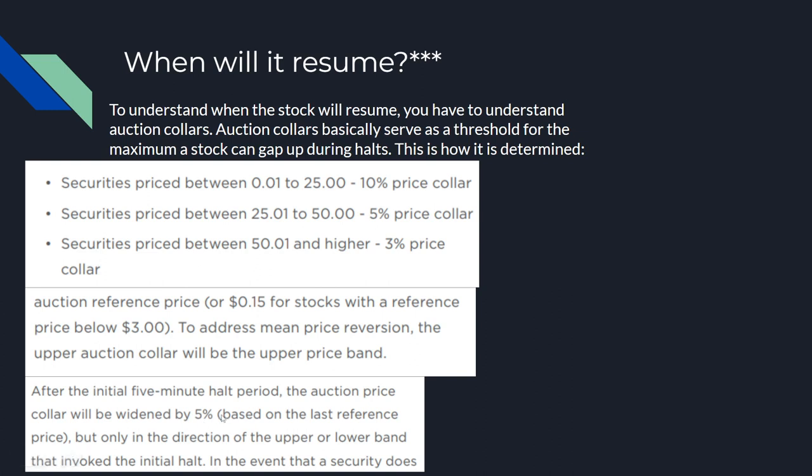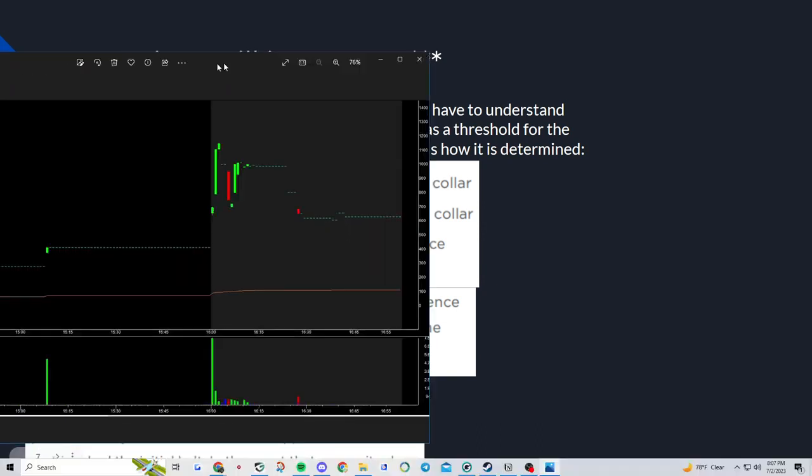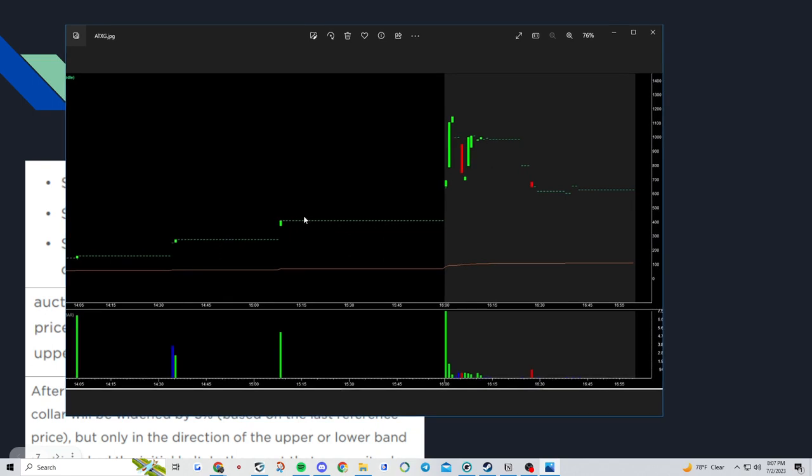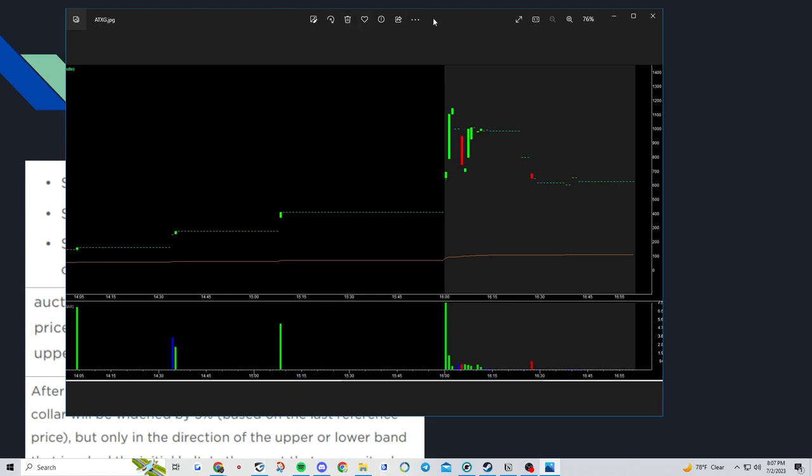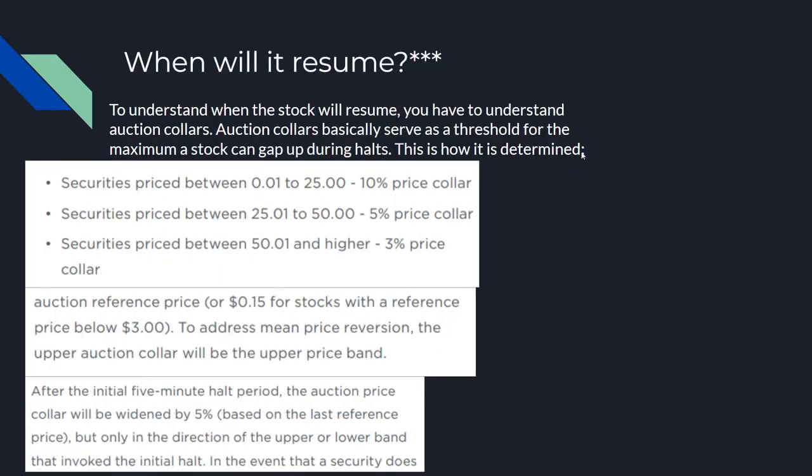So initially it's 10%. After 5 minutes, that gets widened to 15%, and then 20%, 25, 30, 35. So a name like ATXG just didn't have enough time, I think, for the auction collar to come down based on where it was indicating. But yeah, all right.